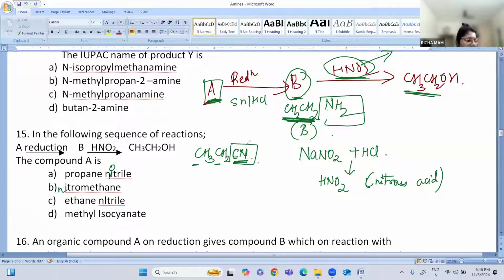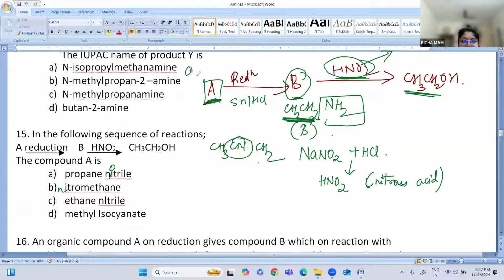So if we take ethane nitrile, that is CH3CN, your CN group will be converted into CH2.